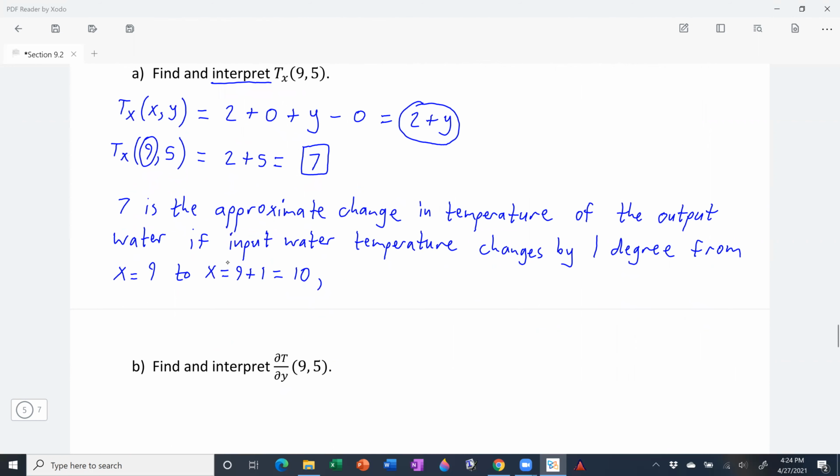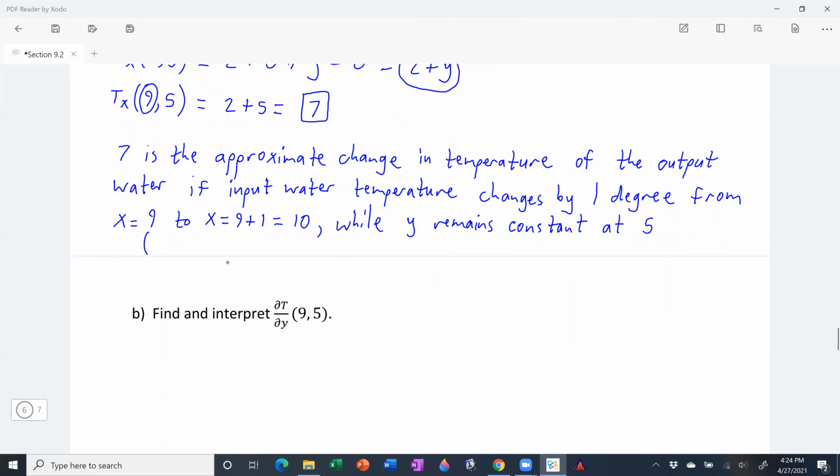Okay, and while the other variable, while y remains constant at, and we plugged in 5 for y, but what does that actually mean?